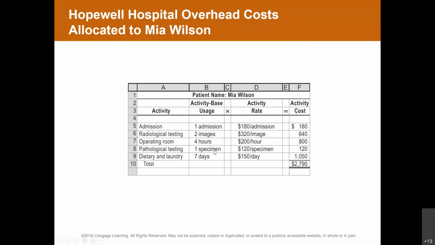Pathology testing, we took 1 test at $120 per test. That's $120 for this patient. The patient spent 7 days in the hospital. For meals for all 7 days and laundry for all 7 days, that's $150 per day. That's $1,050 for food and linen changes. If we add all these together, for this one patient, the activity-based cost was $2,790.